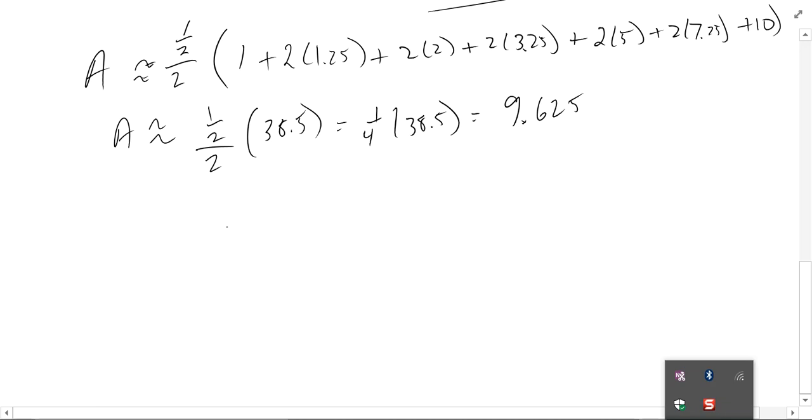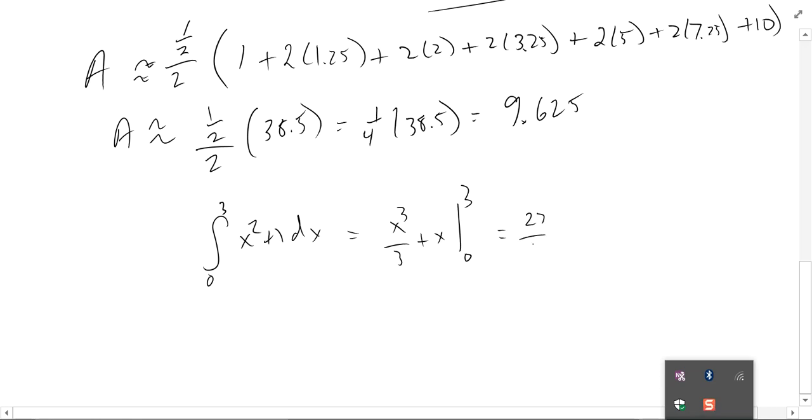Of course, that one's pretty simple. We can do it by hand to see what the actual area is. If I do the integral from 0 to 3 of x squared plus 1, I'm going to get x cubed over 3 plus x, evaluated at 0 and 3.